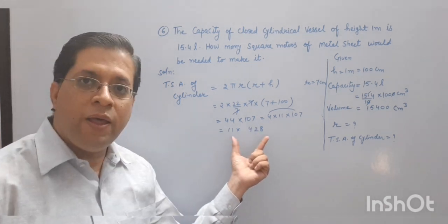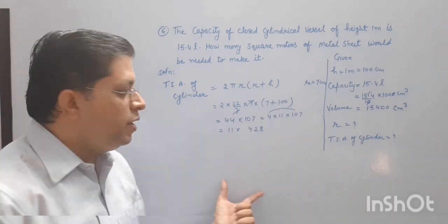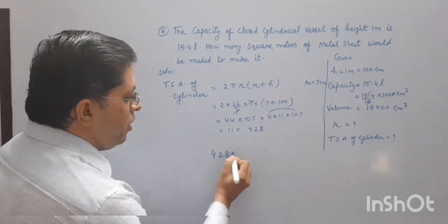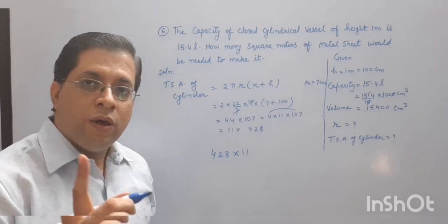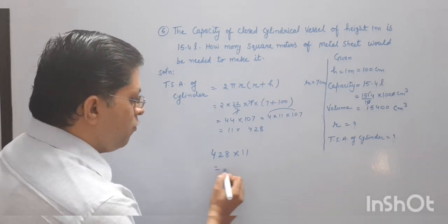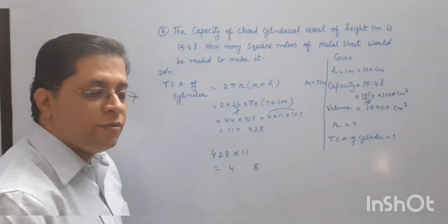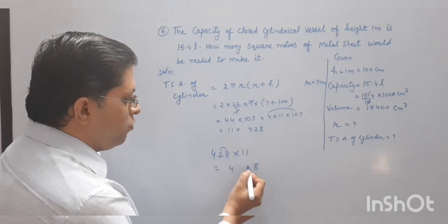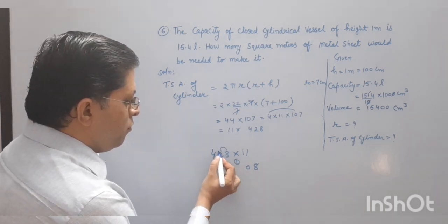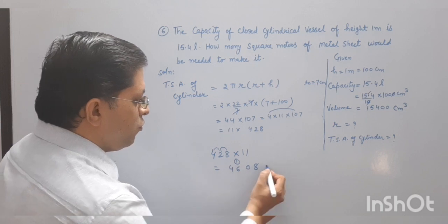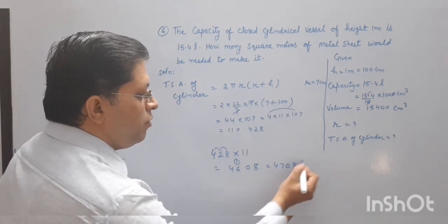Now easily you can multiply. I am explaining here 428 into 11. What is the rule? Take 4 and 8 like this. What will come? 8, plus 2 is 10, carry 1, 4 plus 2 is 6. So what is it? 4708.